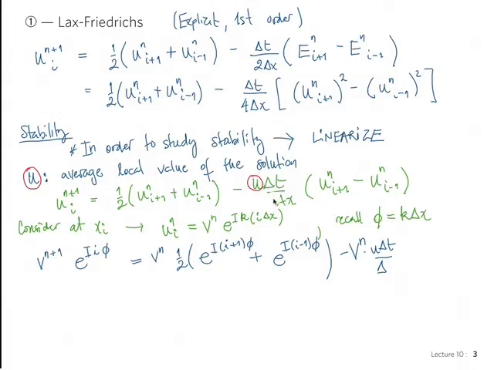This is here just a 2, from the finite difference formula, and I have it over here as well, 2 delta x, and the same terms e^(i(i+1)phi) minus e^(i(i-1)phi), and I managed to fit that there.